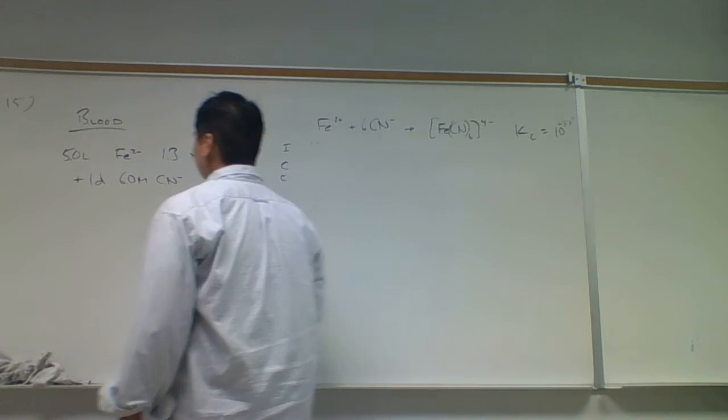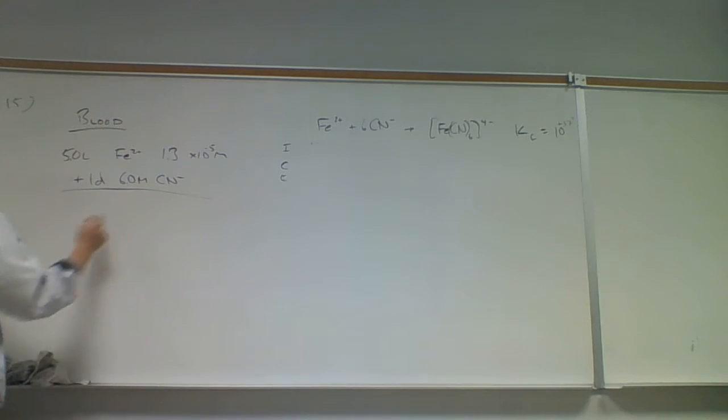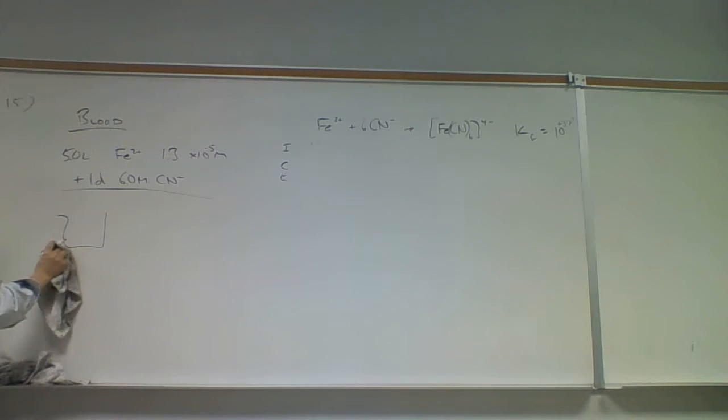I've got to do my solution dilution. So what I'm going to do is, 1 drop is a tiny amount, so I'm going to do 5,000.05 liters, because we're going to just assume a drop is around 0.05 liters.